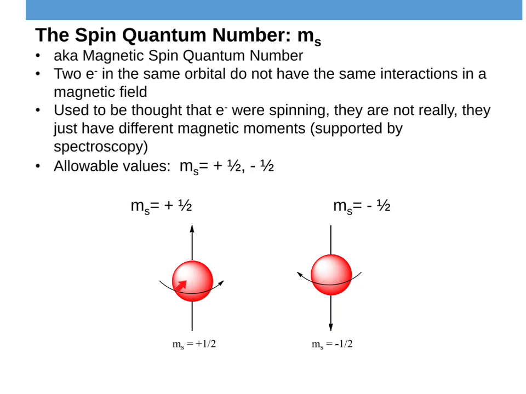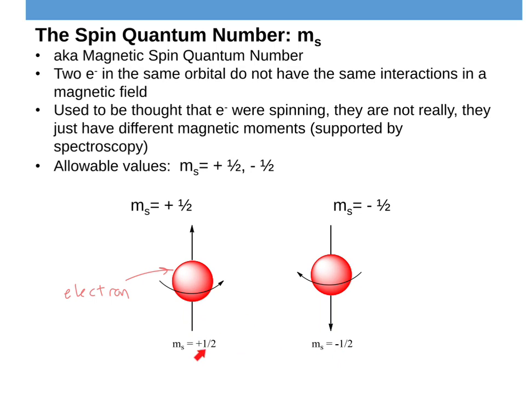And so you'll see diagrams like this, where this red thing is supposed to be an electron. The idea is that if it's spinning, in this case counterclockwise if you're looking down on it, it's going to be generating a field in a certain direction. If it spins the opposite direction, it's going to be generating a field in the opposite direction. We call those plus 1/2 and minus 1/2.